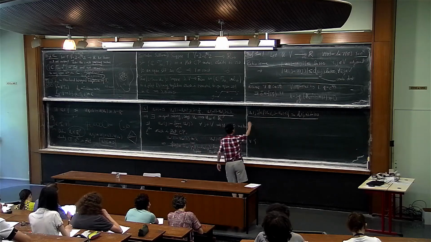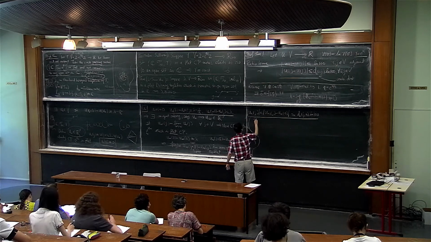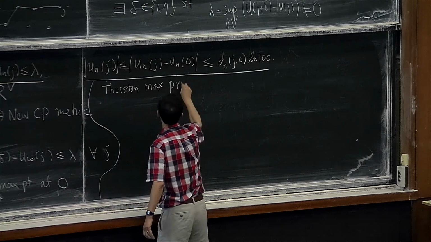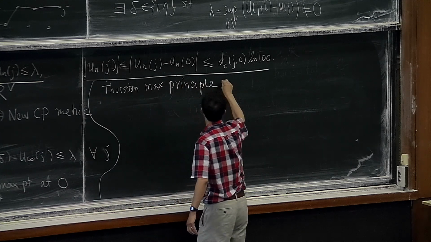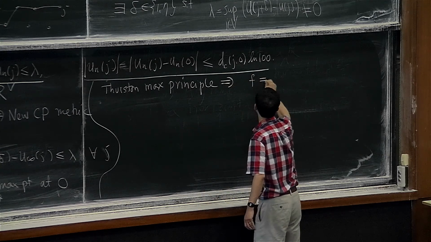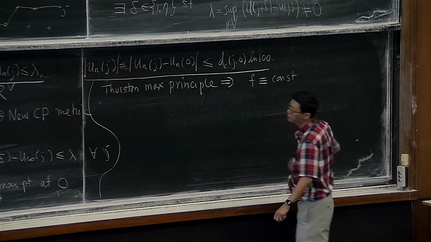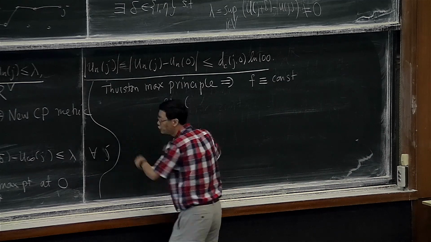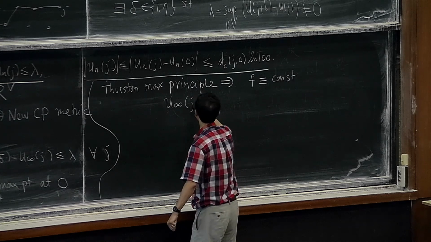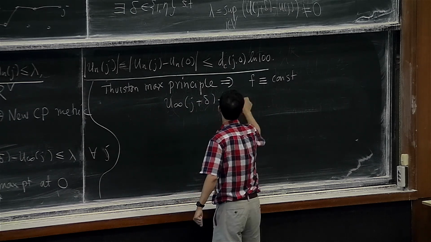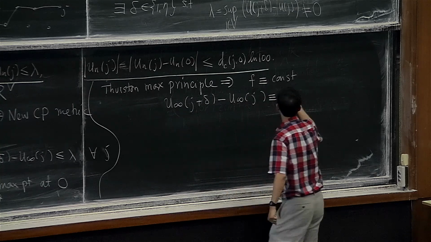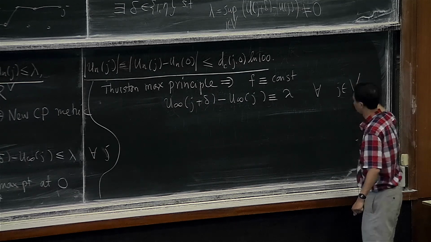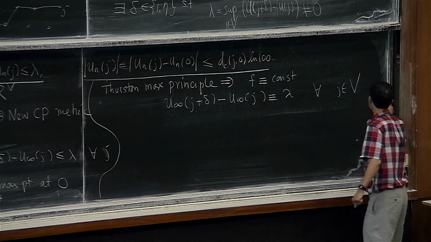So it has to be a constant function. So what we have now is, after you choose this limit, this function is always equal to lambda for all j in the vertex set. Okay, so that's good.